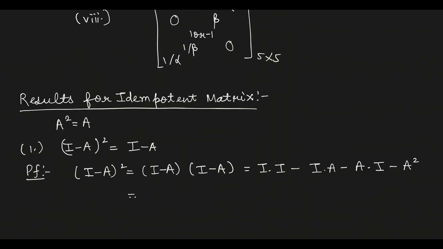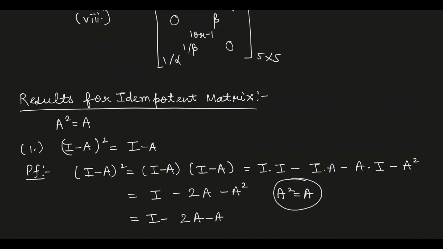So this will be I minus 2A plus A square, and A square is equal to A. So I minus 2A plus A. So this is I minus A.